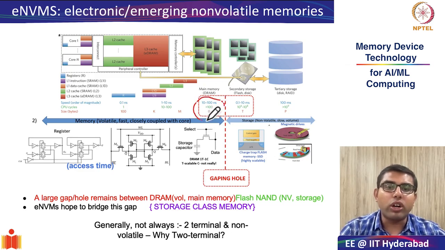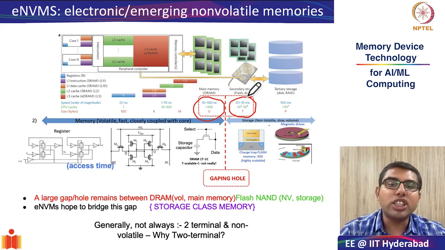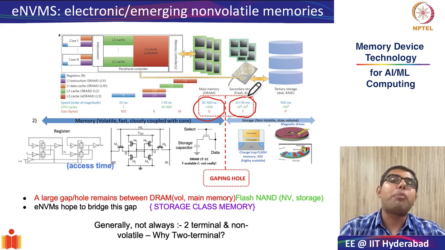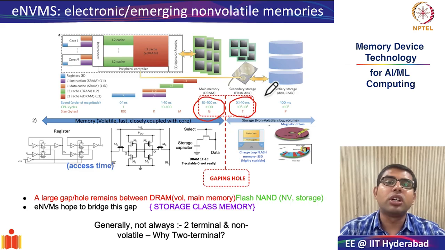This is something that we have already studied, but let us look at the so-called IO bottleneck. The IO bottleneck originates from noting that there is a large gap in latency when we look at our main memory DRAM subsystem and the secondary or primary storage, the flash or SSD subsystem.